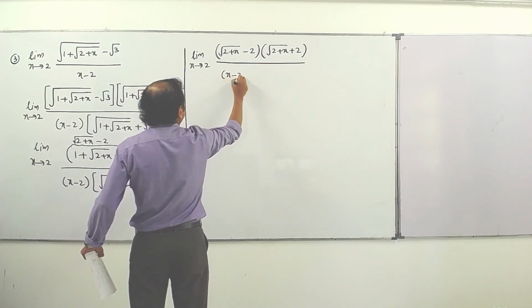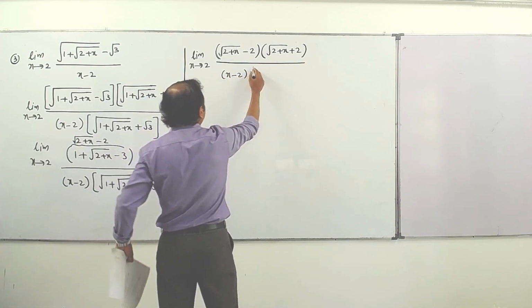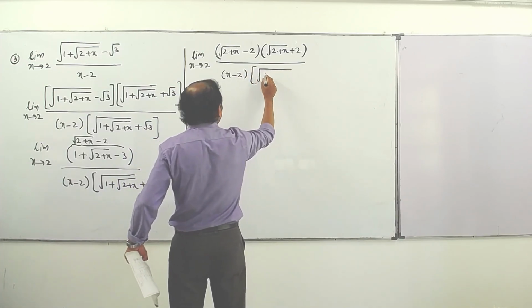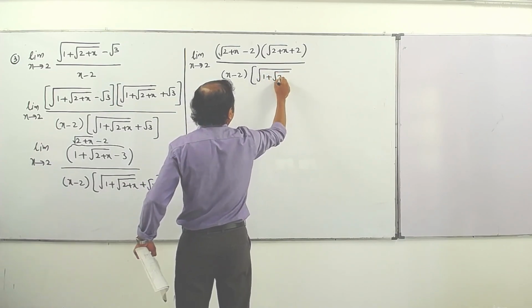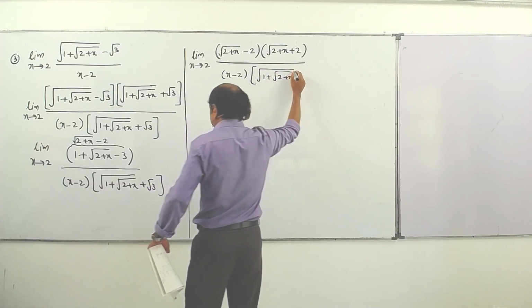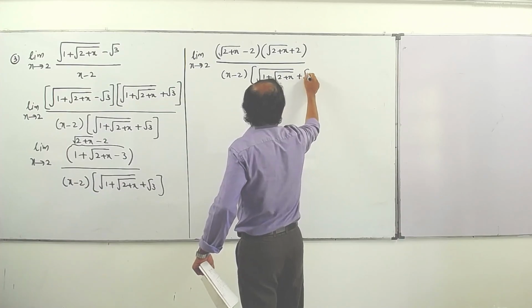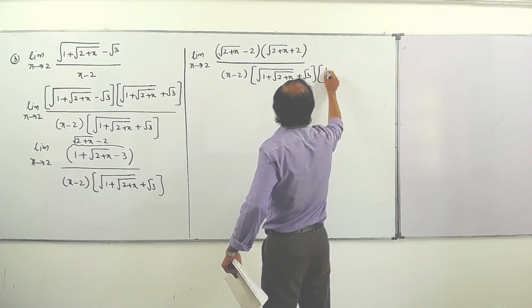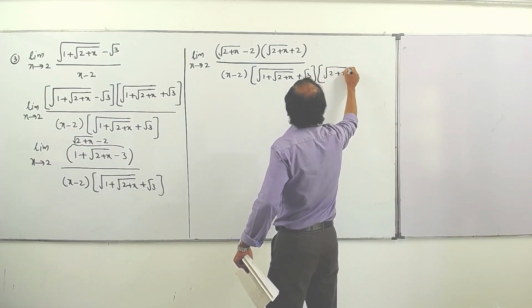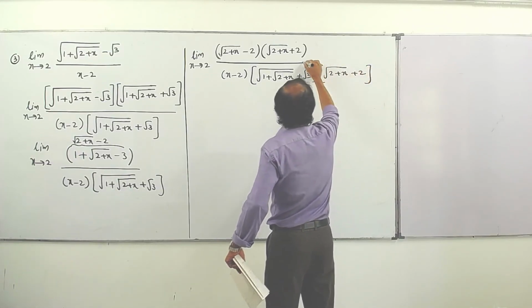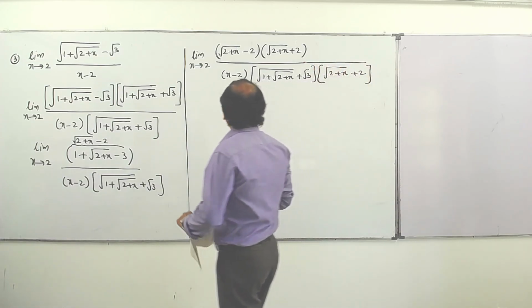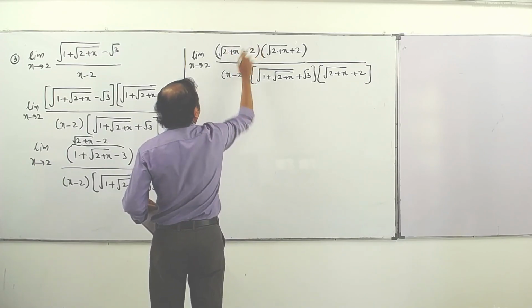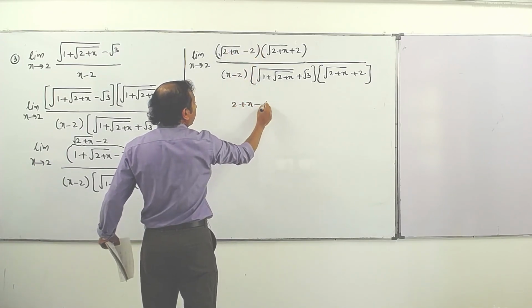Then x minus 2 here, this part, and plus this, plus root 3, and this we have to write, multiply that, no? This way, right? Then again, this two product you can write square of this, the root will eliminate, 2 plus x minus 4.